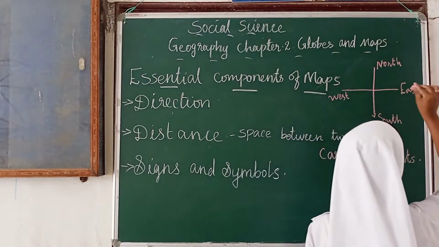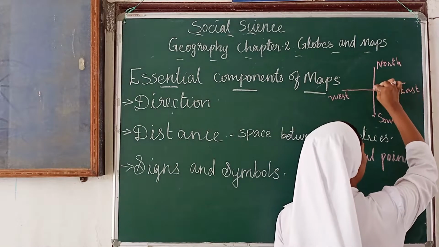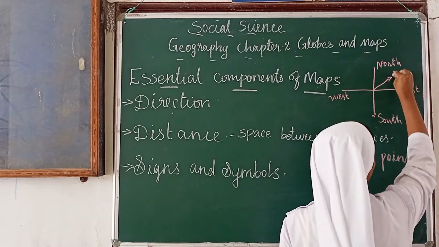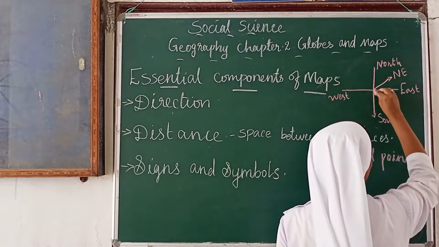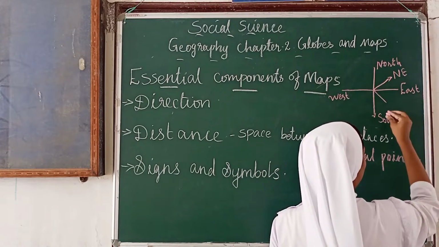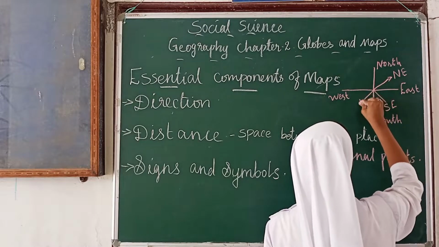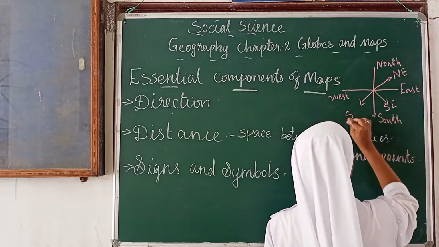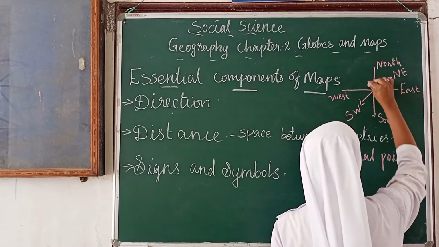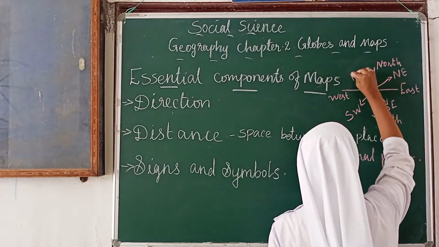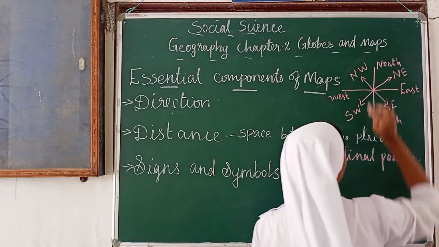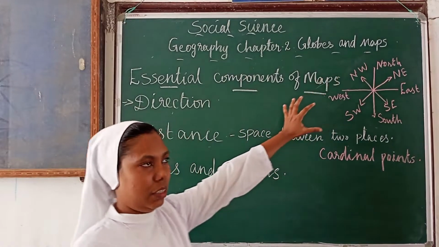Between north and east it is northeast, between south and east it is southeast, between south and west it is southwest, and between north and west it is northwest. These are the intermediate directions.